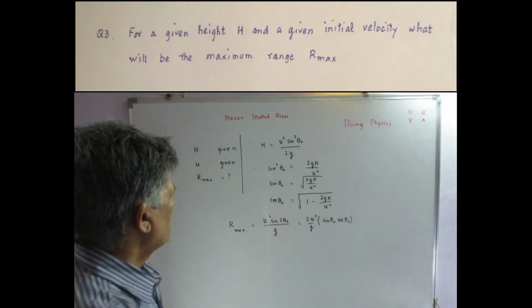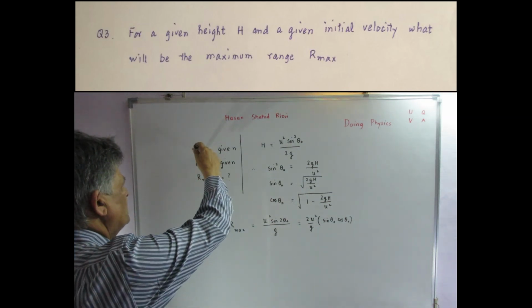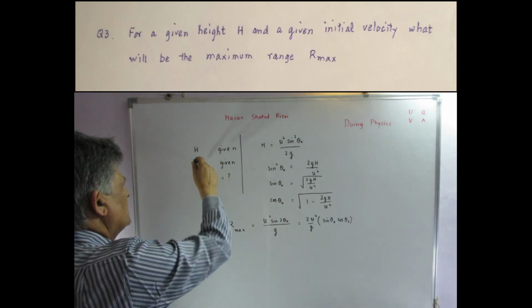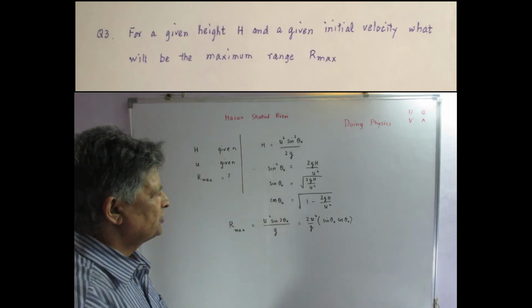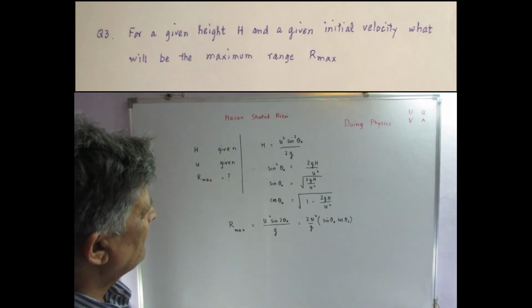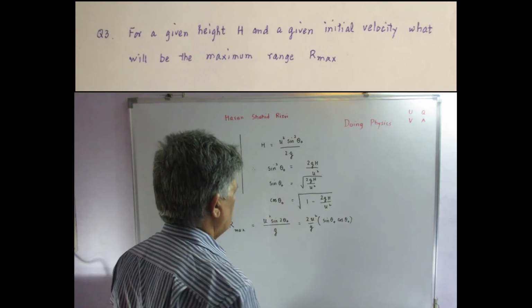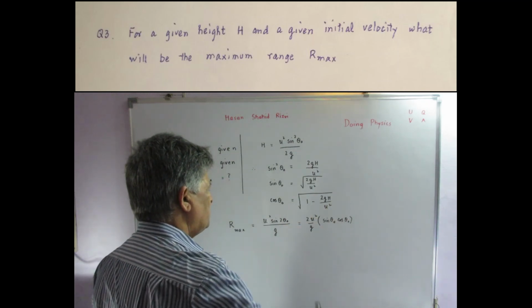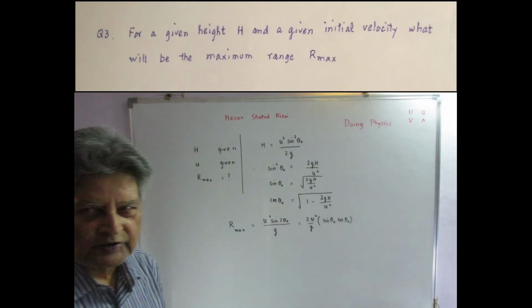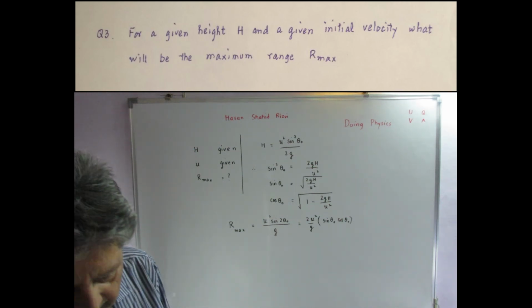So height is given, U is given, the only value which has to be calculated is R max, which is calculated like this, the final value being 2U square upon G, like this. And in these calculations you can take the value of G as equal to 10 meters per second squared, just for the sake of estimation.